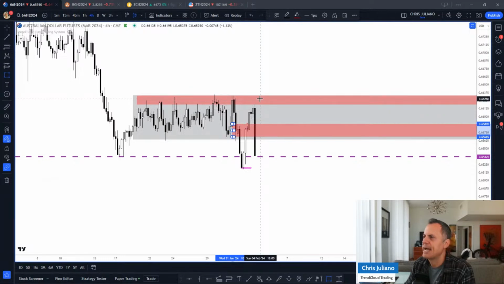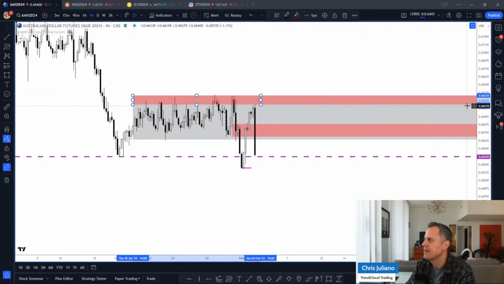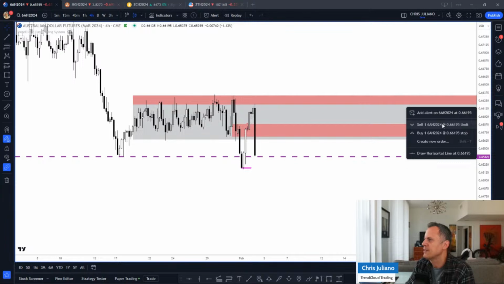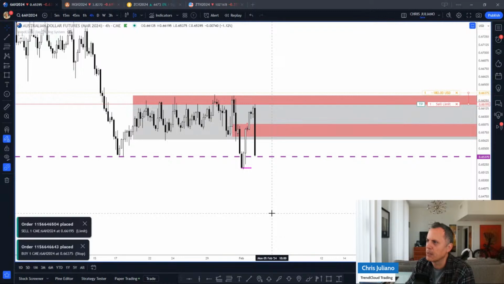And now it went right back up to this area here and just touched it. And look what's happening now. I should have been in there. I should have been in there here, right? To take another shot at it. But I didn't do that.